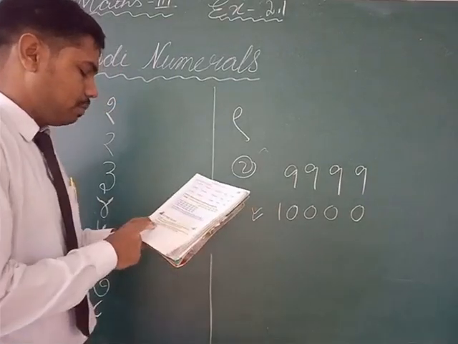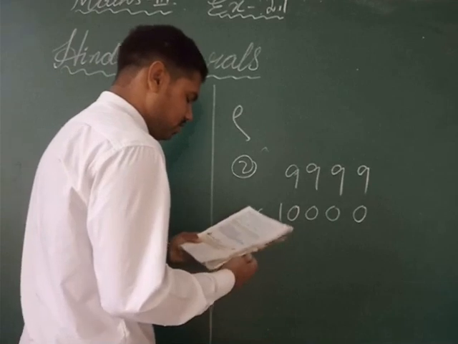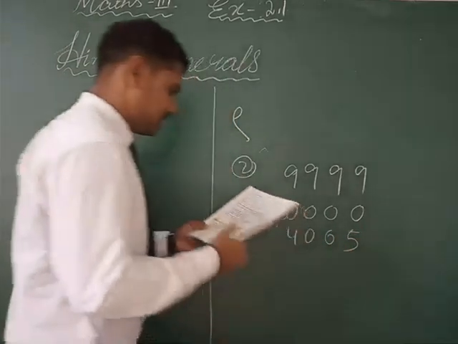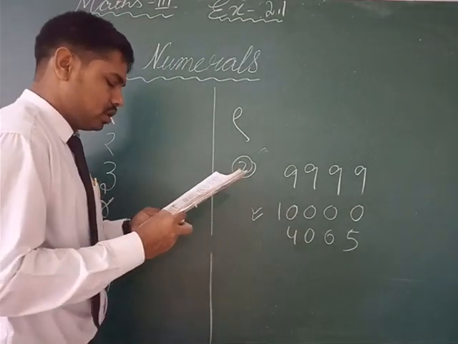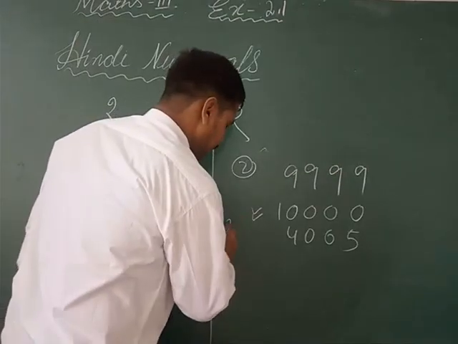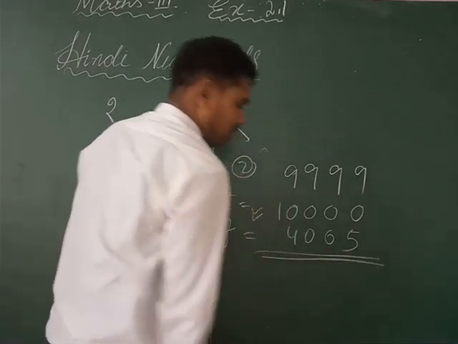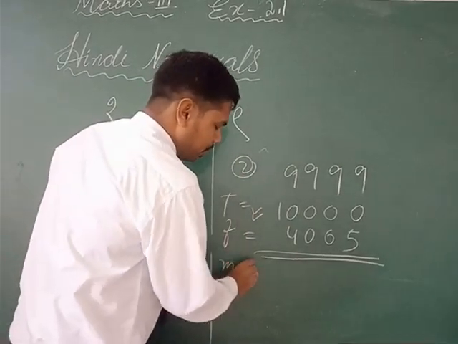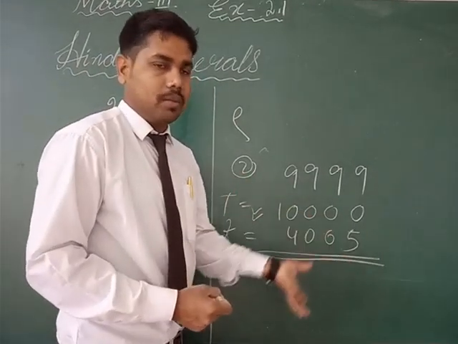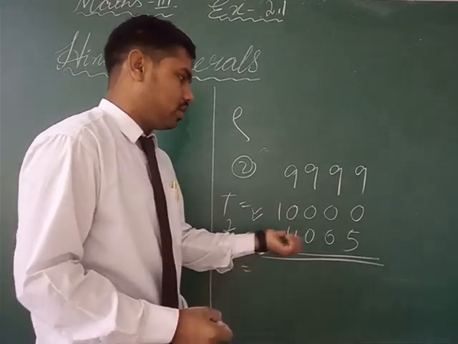Now the number of females is given as 4065. So 4065 is the number of females, and we have to find the number of males in the village. This is the total population. Don't write M, F and T; write that the total number of people in the village is equal to this much, and the number of females is equal to this much.